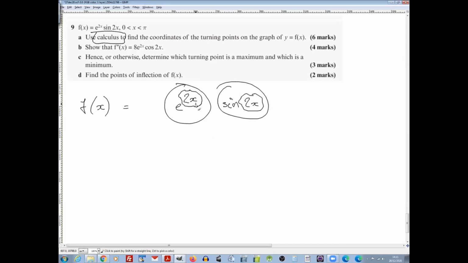So you certainly wouldn't want to be using a u substitution or anything like that. You just think about the inner function while you're deciding the derivatives. So it's a product, and we need to treat it as a product rule differentiation.